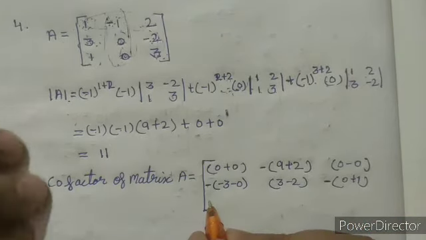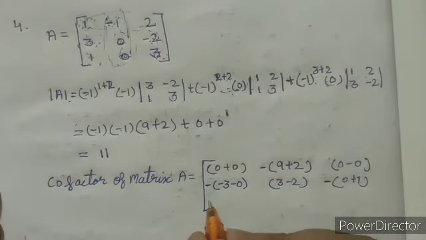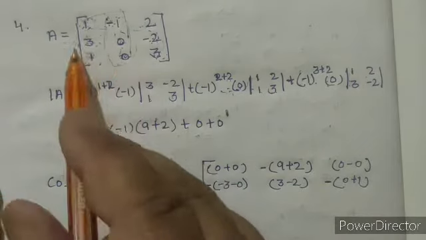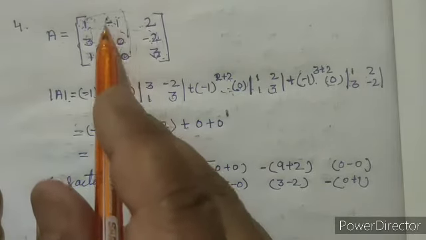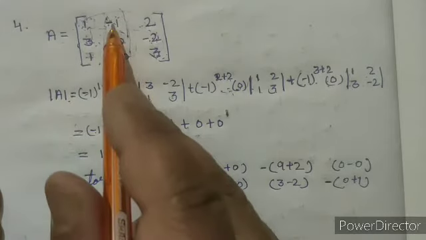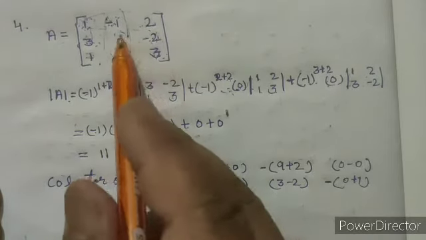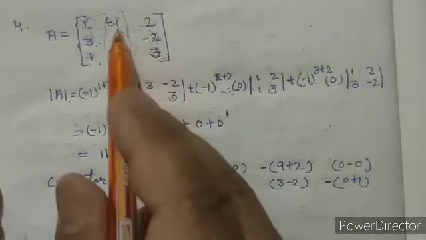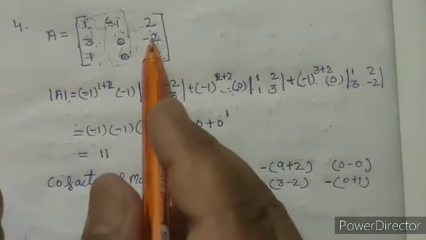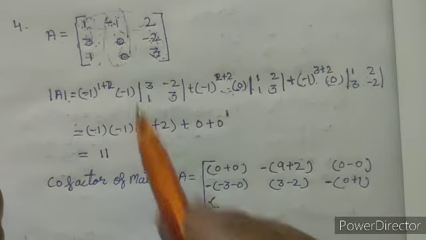Now the first element of the third row will be minus 1 raised to power 3 plus 1, that will be positive, and the minor of 1 will be obtained by eliminating the row and column of 1. That will give us the determinant of minus 1 2 0 minus 2, so this will be minus 1 into minus 2 will be 2 minus 0.